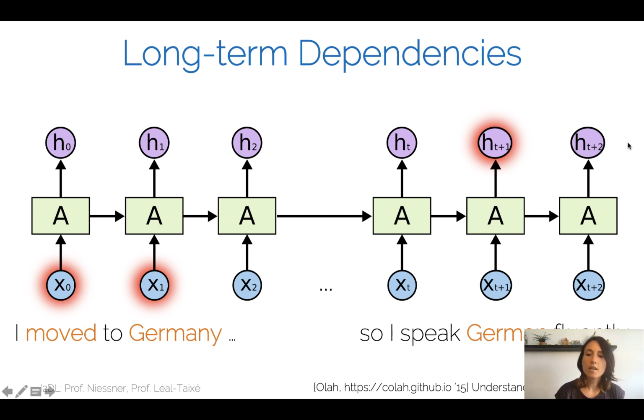Now, of course, if German is the word that we have to infer here, we have to go all the way back to the beginning of the sentence to understand that this person moved to Germany, and therefore the most likely output is that the person speaks German fluently and not French or English or any other language.